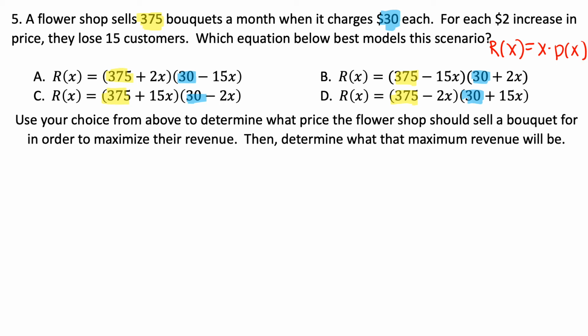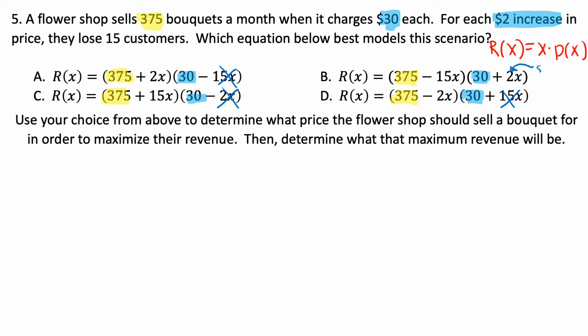Our x is going to represent the number of price increases, and then we have to account for how much the price is increasing and how many customers we're losing. The first thing it tells us is that every $2 increase in price is going to affect our $30. So we're looking for the equation that has our 30 being affected by a $2 increase. So not this, not this, not this.